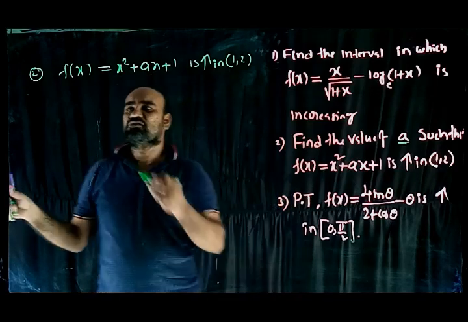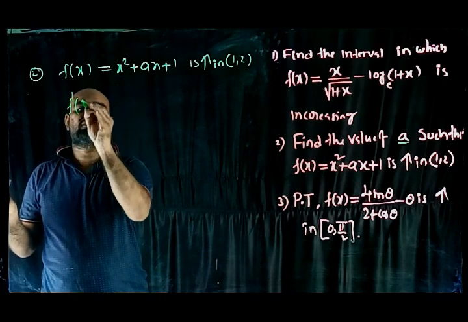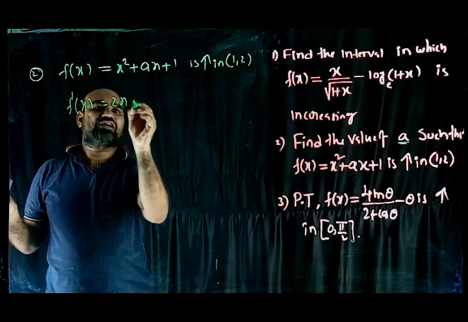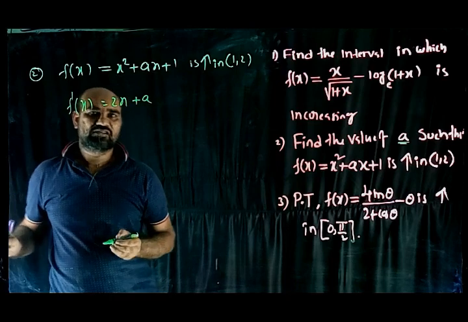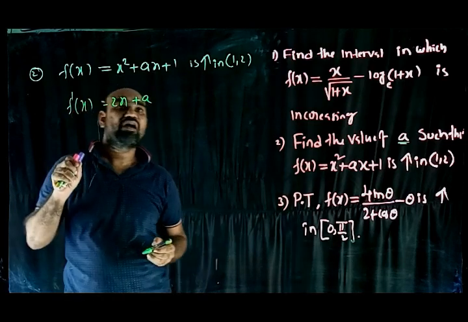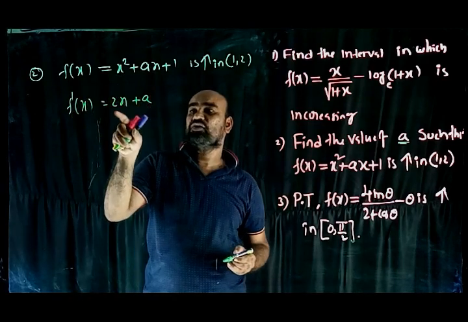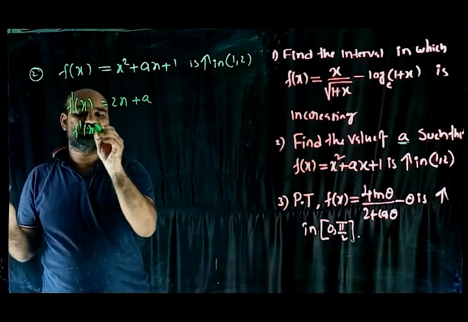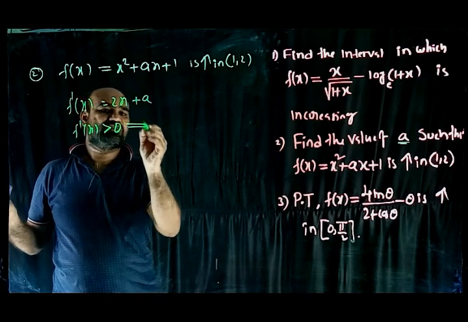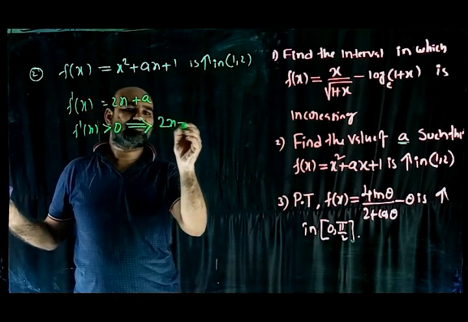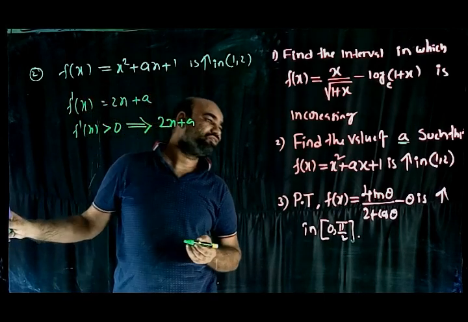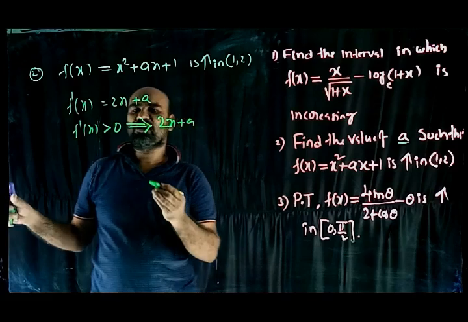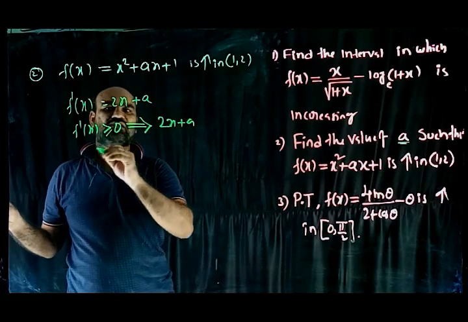Okay, so first of all, find f dash of x. That is 2x plus a. What values of a? f dash of x greater than 0 implies increasing. Not strictly, so equal to also we could take, no problem.